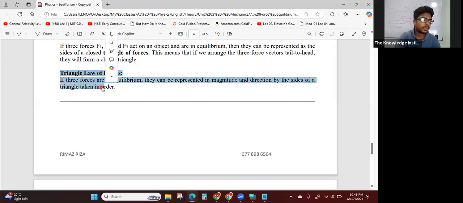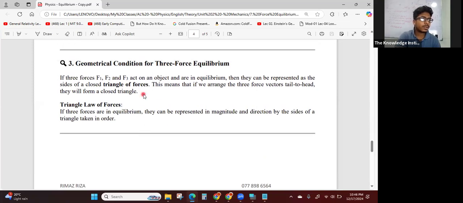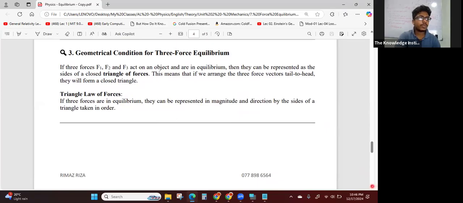So this one you should write. We call this the force equilibrium triangle.